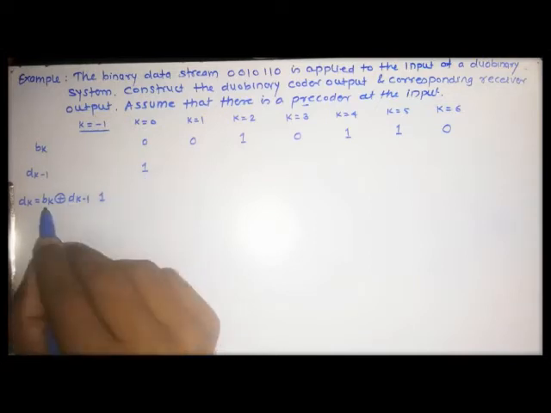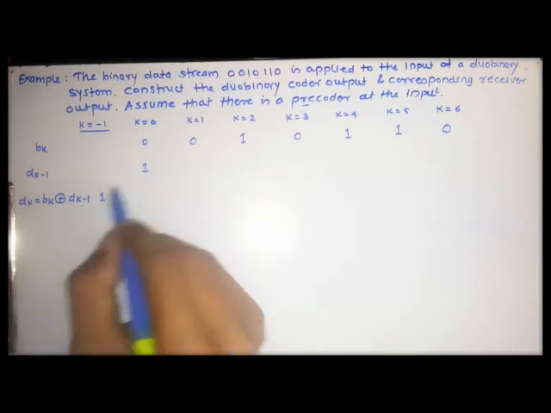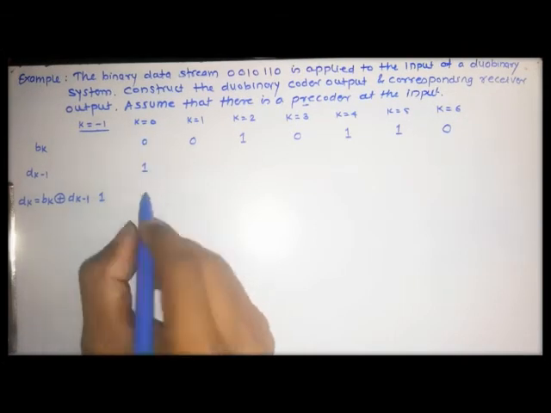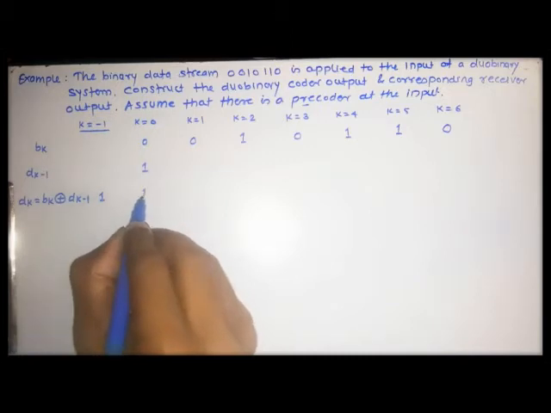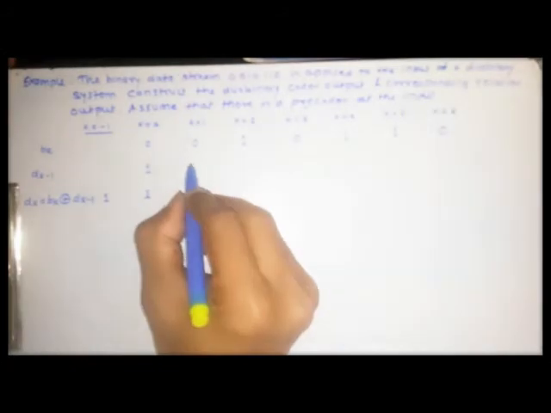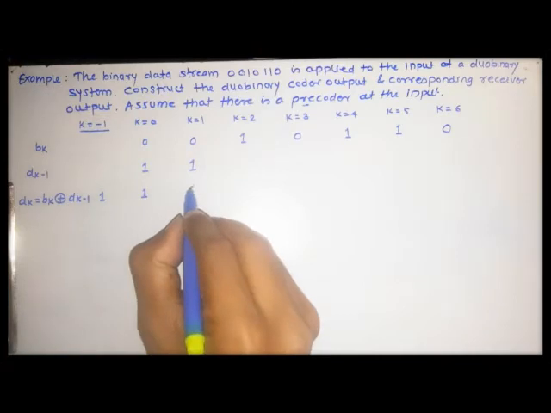Now what is bk? bk is 0 and dk-1 is 1. So XORing 0 and 1 becomes 1. Now next, the dk-1 bit becomes 1. Okay, now again 0 XORing with 1 is 1.